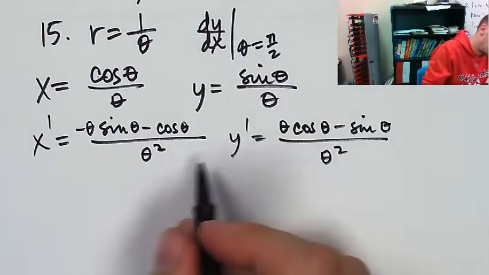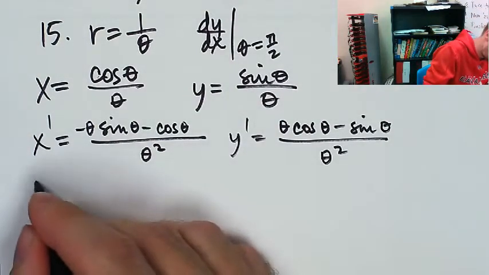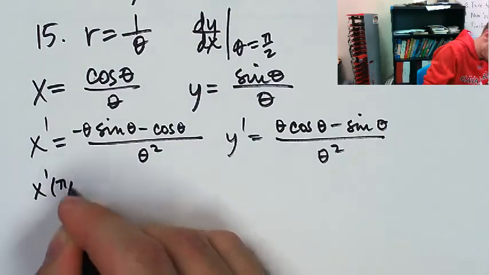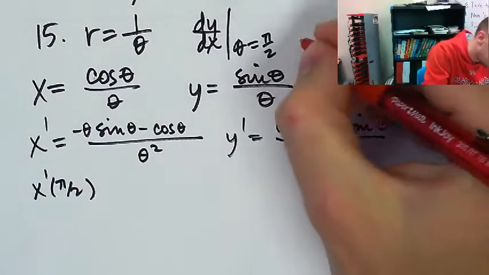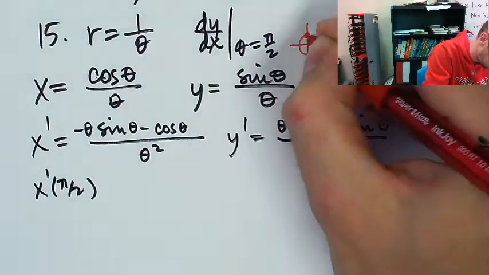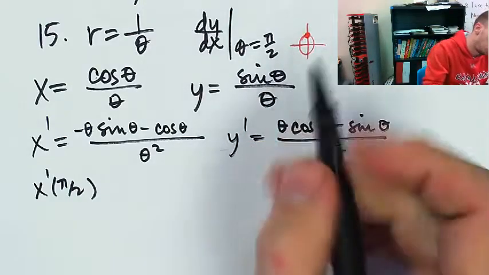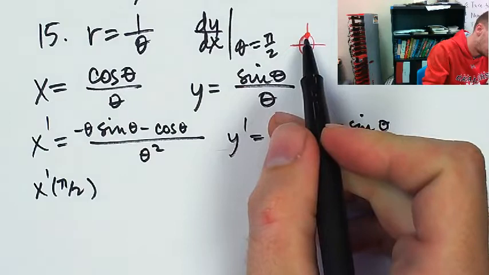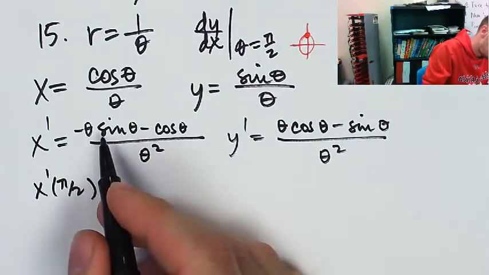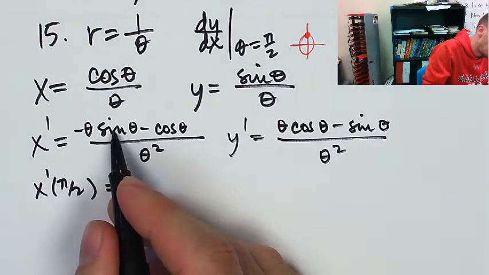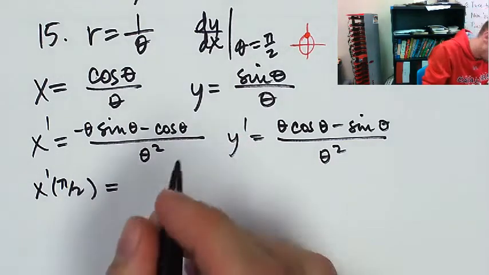Okay. And now I'm going to have x prime of pi over 2. Okay, at pi over 2, sine is 1 and cosine is 0. I feel like I said that backwards.